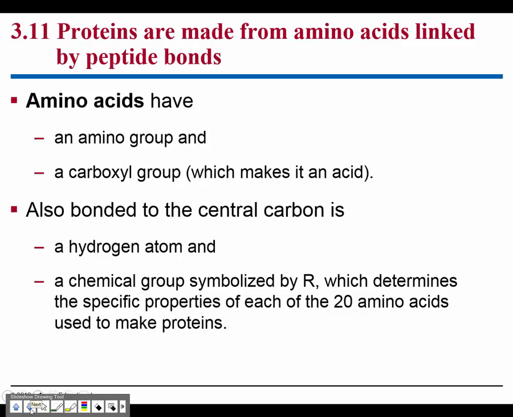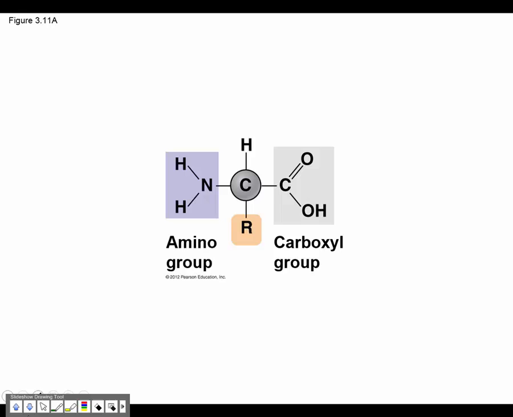So amino acids, they have an amino group and a carboxyl group, which makes it an acid. Bonded to the center carbon is a hydrogen atom. And so that's symbolized, the chemical group symbolized by an R, which determines the specific properties of the 20 amino acids used to make the proteins.